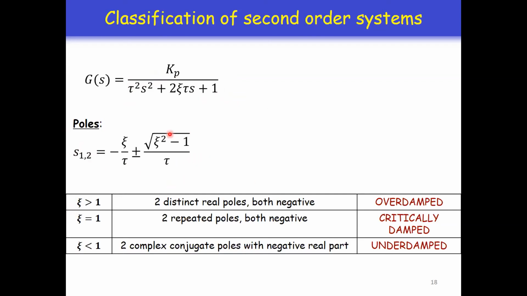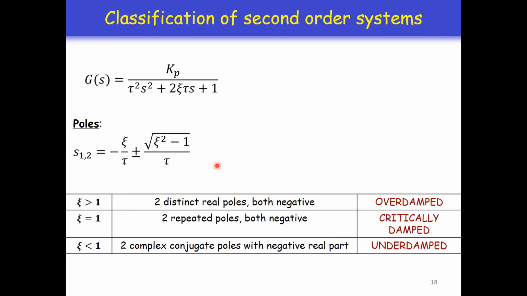So a useful way to classify the poles is based on the delta. So if psi is larger than 1, the term underneath the square root is positive. And so you have two real and distinct poles. Does this make sense? Yes.